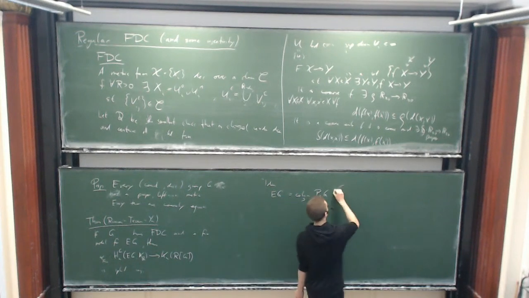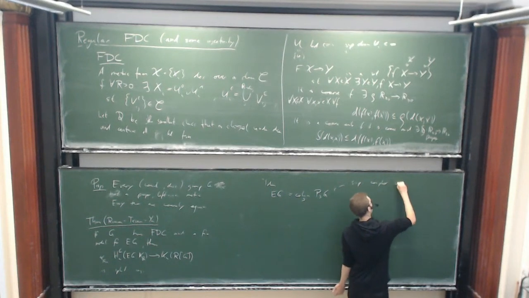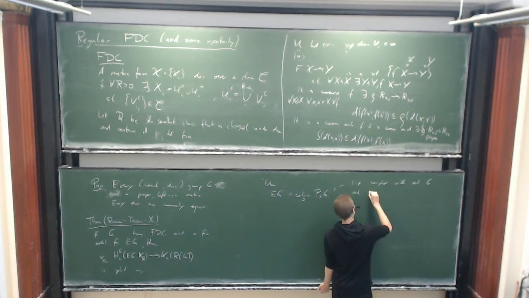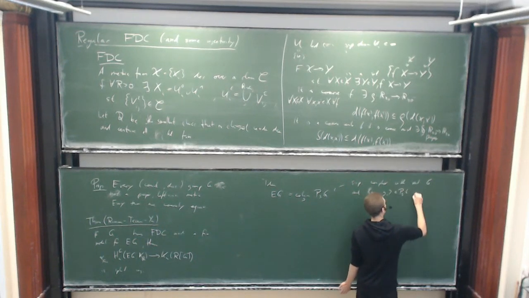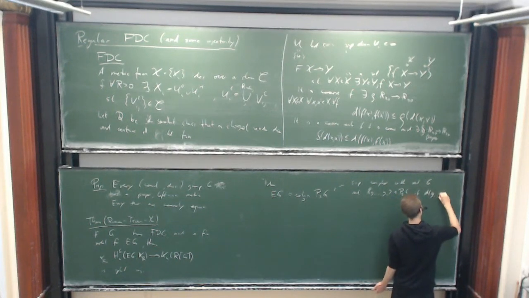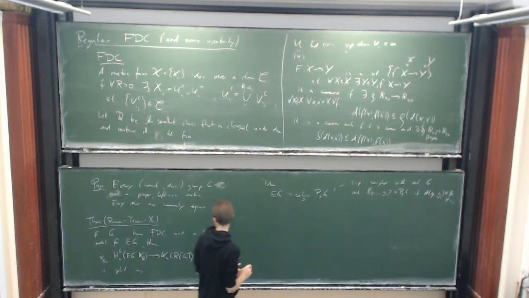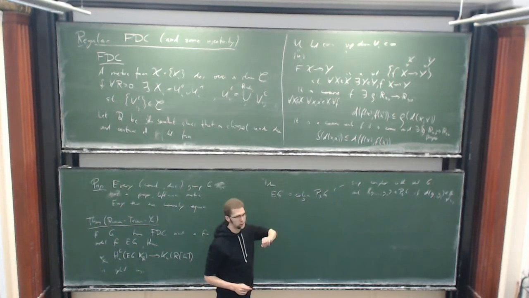So the Rips complex is a simplicial complex with the vertices G, and some g_1 to g_n span a simplex if the distance is pairwise less than S. So this somehow brings the geometry into play.